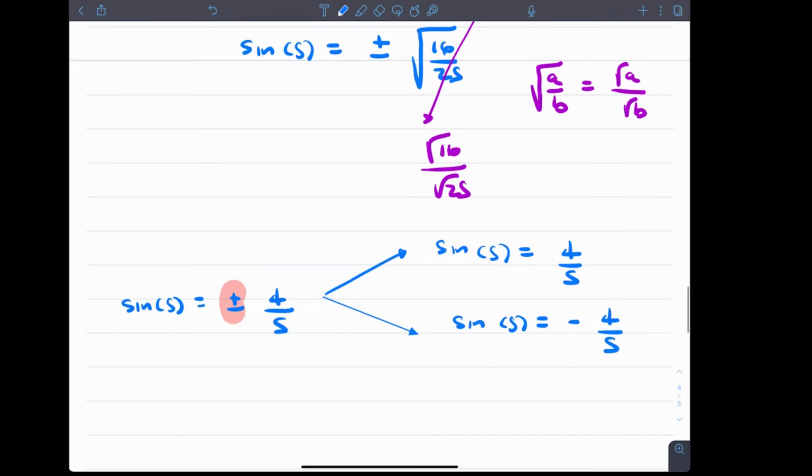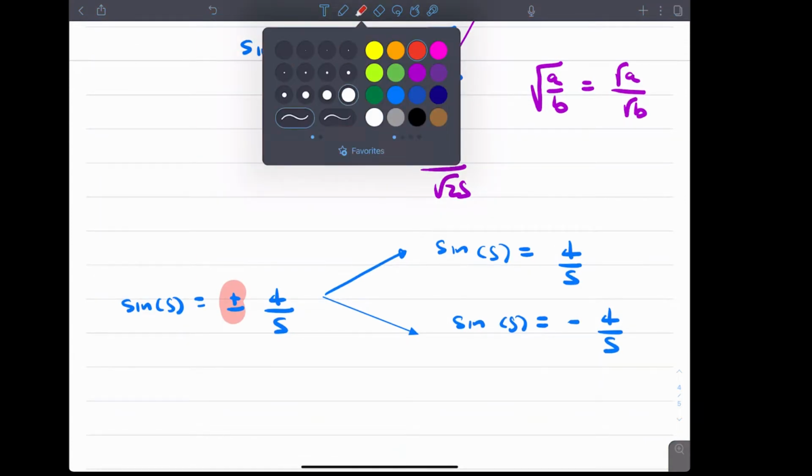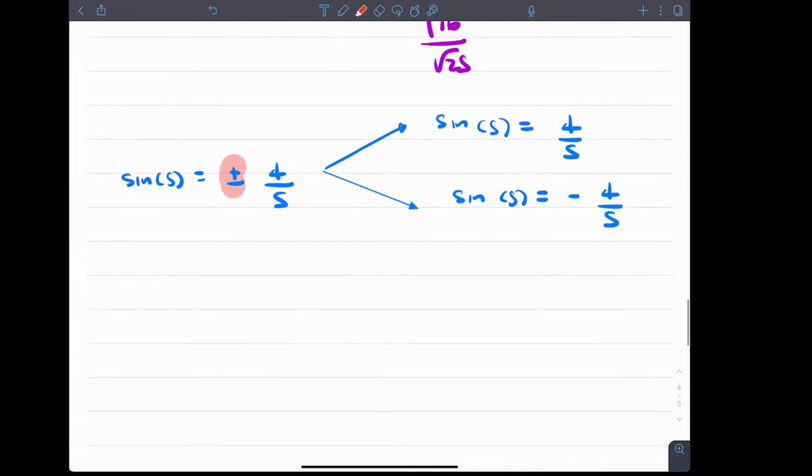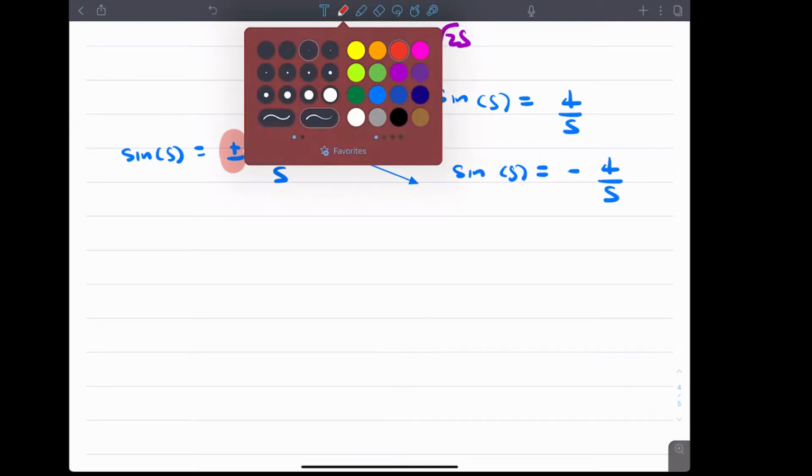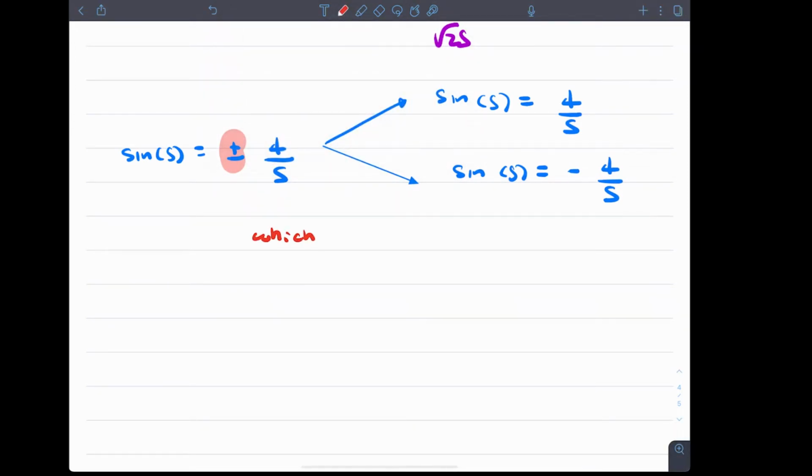So there's 2 answers, ladies and gentlemen. Now here's the deal. Since there are 2 answers, which one is it? Which one is the correct one to use? There's only going to be one. Is it positive or is it negative?